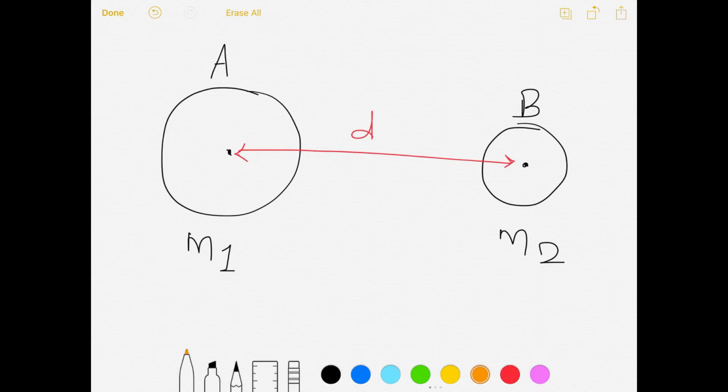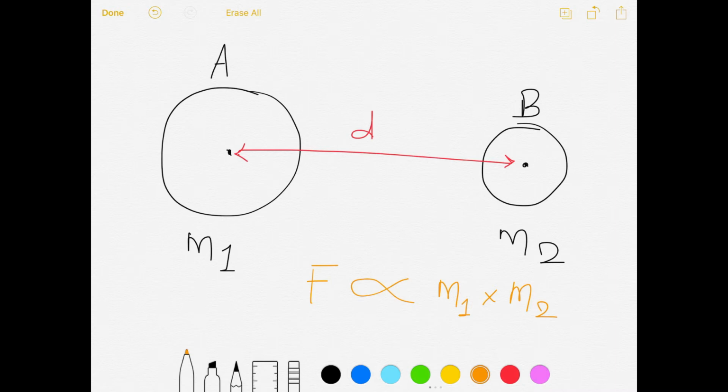Now, as per the universal law of gravitation given by Newton, let me write it in the form of alphabets. The force is directly proportional to the product, which is multiplication, of their masses, the masses m1 and m2 of the objects that are involved.